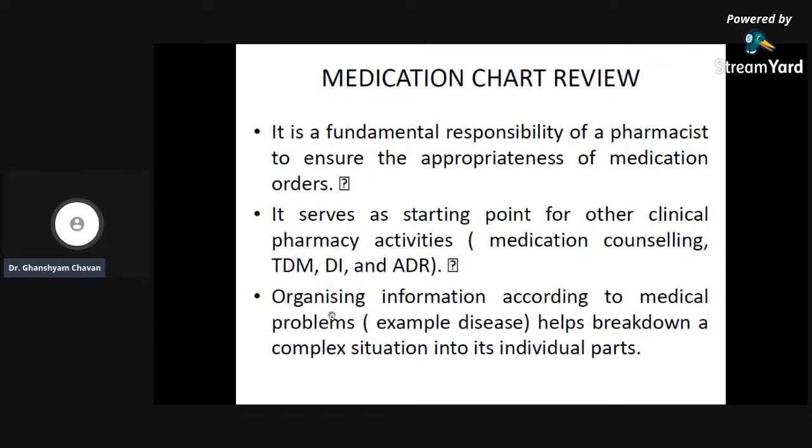Organizing information according to medical problems, for example disease, helps break down a complex situation into its individual parts. So we must develop the therapy according to the medical problem, meaning we must have the exact list of drugs. That's why we are discussing medication chart review. Whatever drugs are available to us, we should not give directly to the patients.